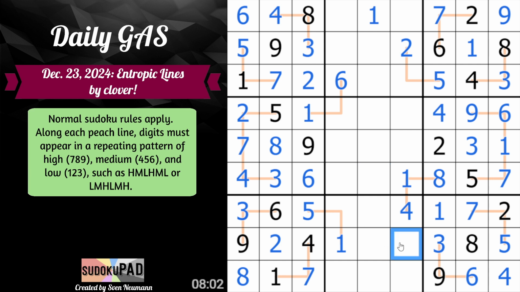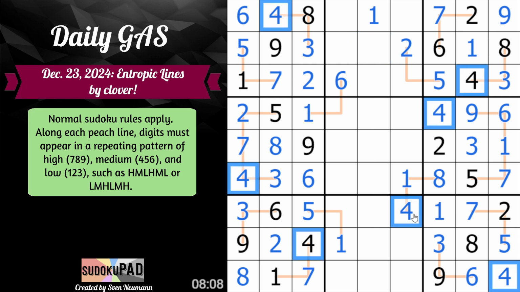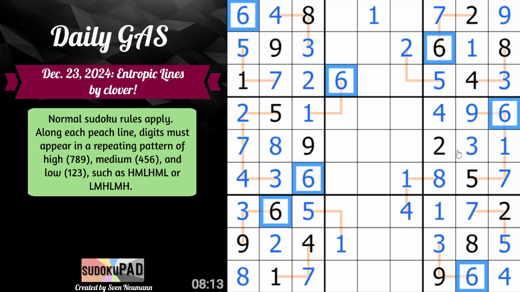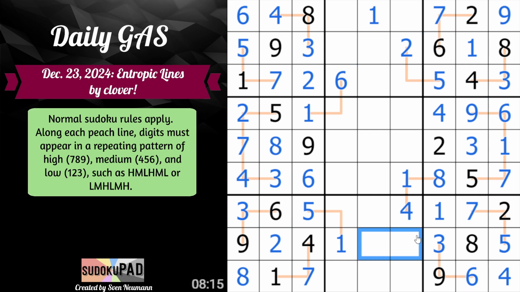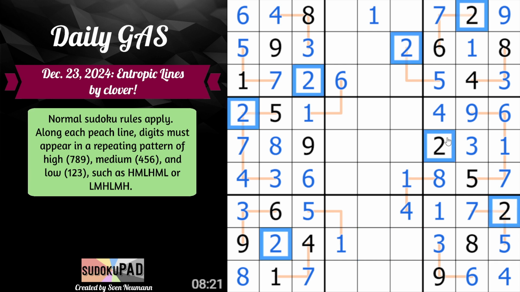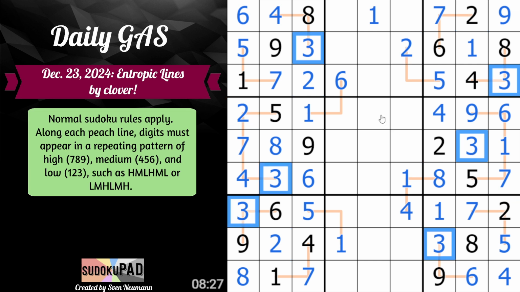Right, now it feels like it has to be a Sudoku something. Because otherwise, I don't know. 4, 6. That's the same thing. 3. It's close.